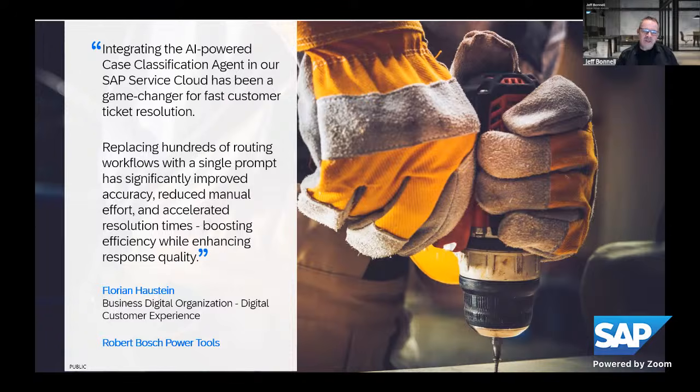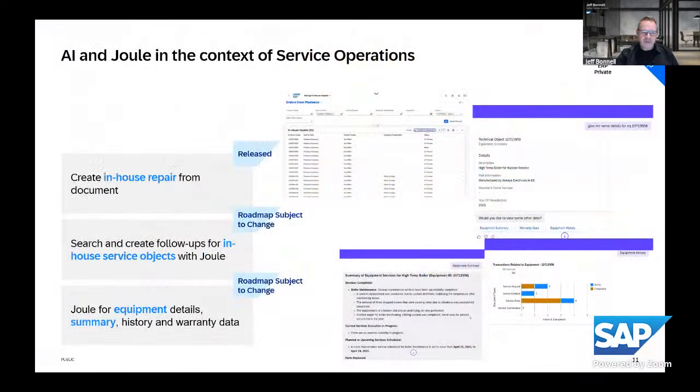Not only did it significantly improve the outcome, but it also significantly reduced the total cost of ownership in terms of how they manage that routing of all of those cases. It's a great example of where AI can really help with a lot of business transformation, even in how they're working. So I'll pass that on to Lucas now to talk a little bit more around service operations.